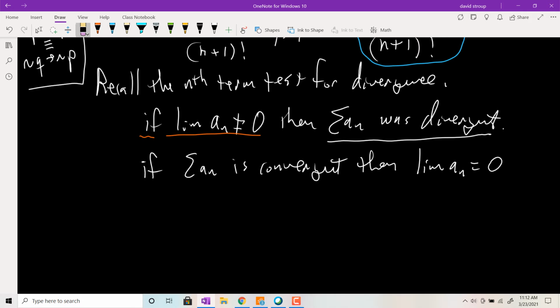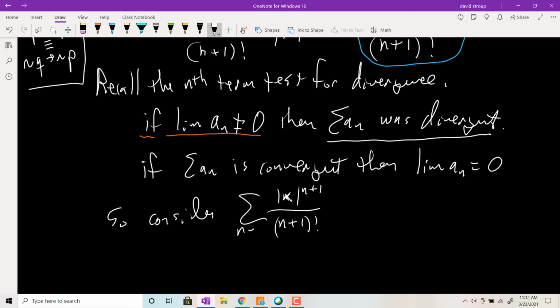So then consider this series: the series of the absolute value of x to the n plus 1 all over n plus 1 factorial, from n equals 0 to infinity. Apply the ratio test.